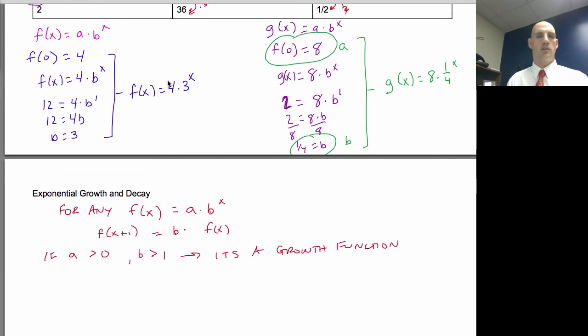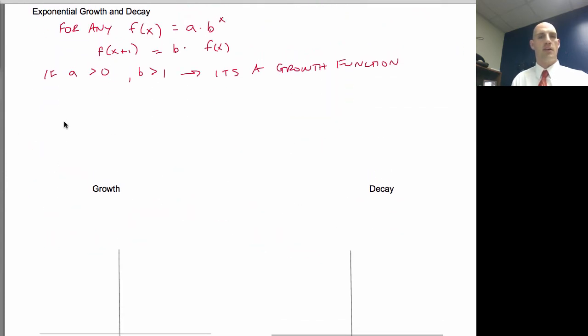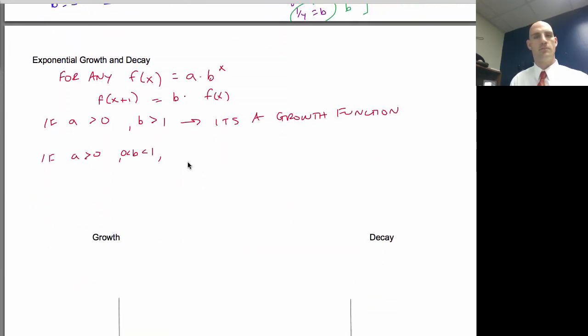So my a is greater than 0. My b is greater than 1. So it was a growth function. On the other hand, if a is greater than 0 and b is not greater than 1, but b is going to be between 0 and 1, like right here. See, b is between 0 and 1. 1/4 is between 0 and 1.